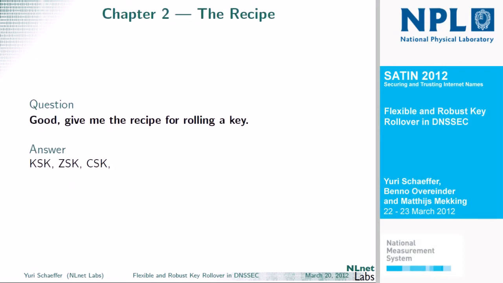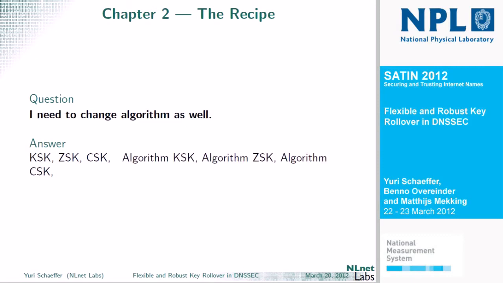But wait, actually the recipe I have to use depends on the kind of key I'm trying to roll. So I have 3 recipes. Well, sure, I'll implement all 3 of them. But now I would like to sometimes also change the algorithm of my key. Can it do that?